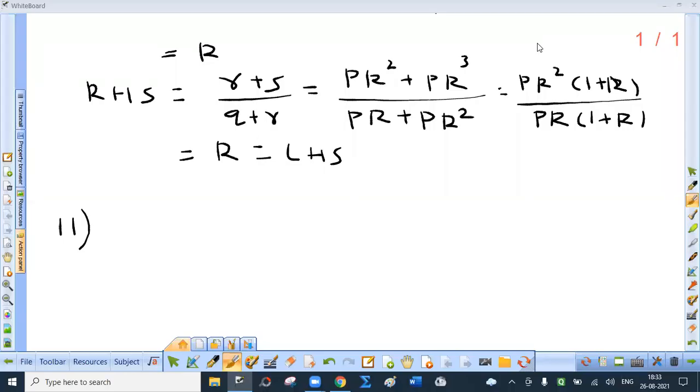Sum number 11. The number of bacteria in a culture doubles every hour. If there were 50 bacteria originally in a culture, how many bacteria will be there at the end of 5th hour? Write the solution.